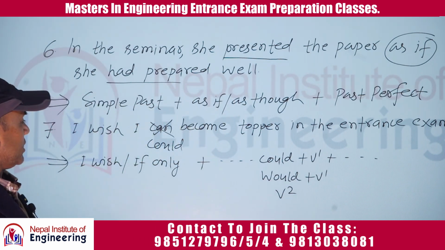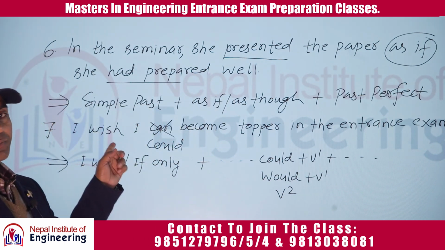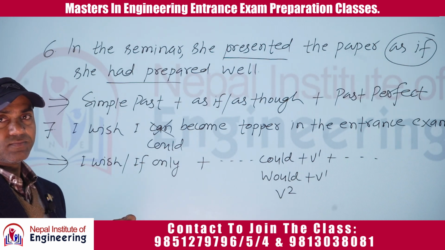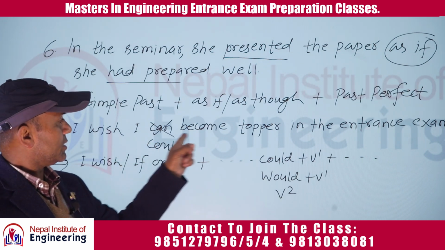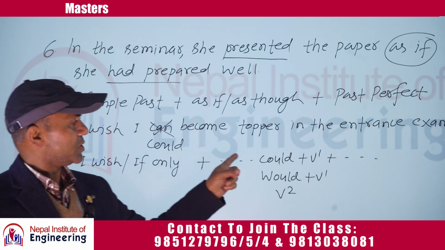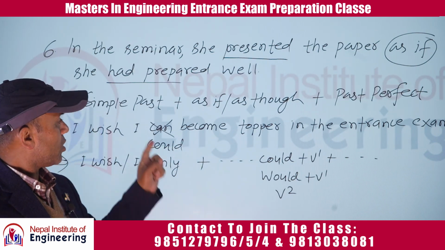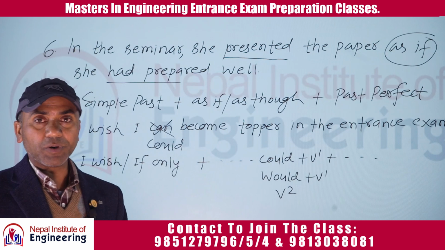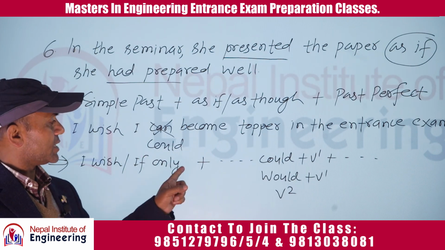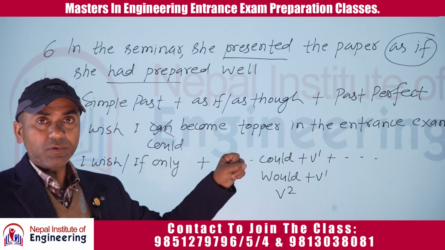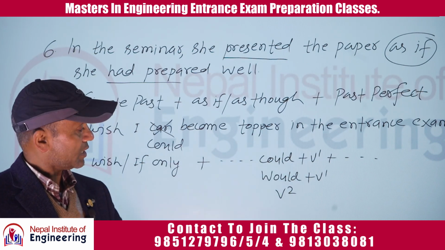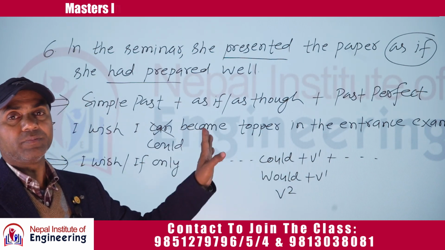There can be any I wish or if only. So here you can write I could become topper, or I would become topper, or I became topper. Here could become, would become, and then only became.